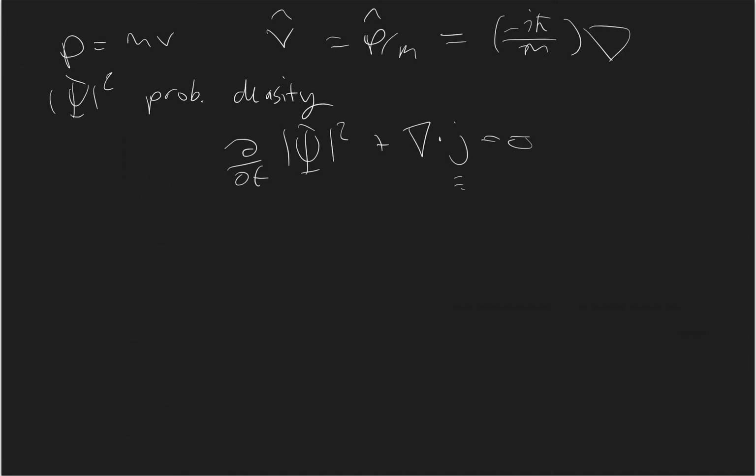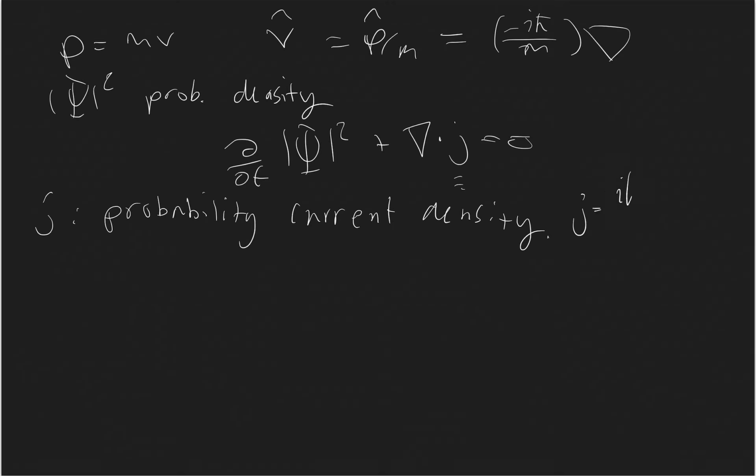And this J here, just like in E&M, is like a current density, but this vector J we're going to call a probability current density. What's cool about this is we can define it as such: i h bar over 2m, times psi nabla psi star minus psi star nabla psi.